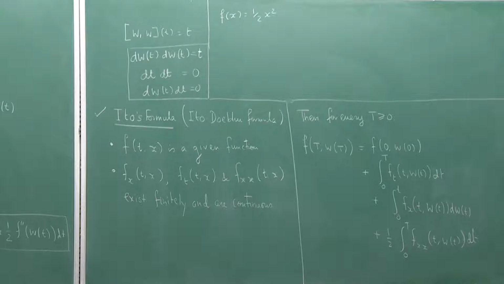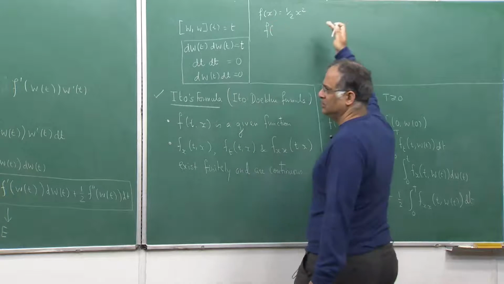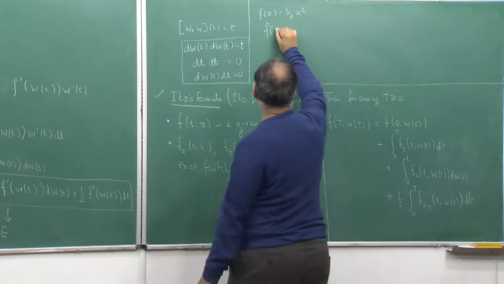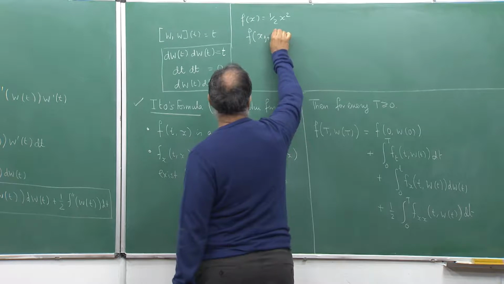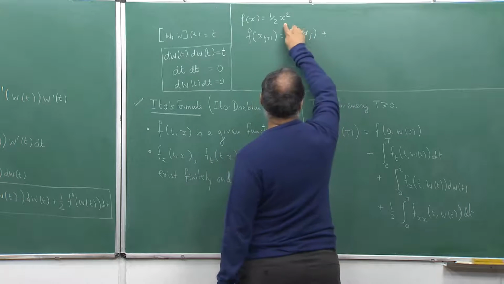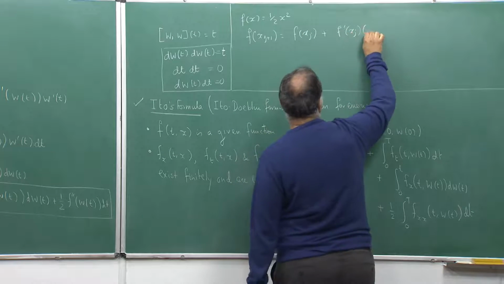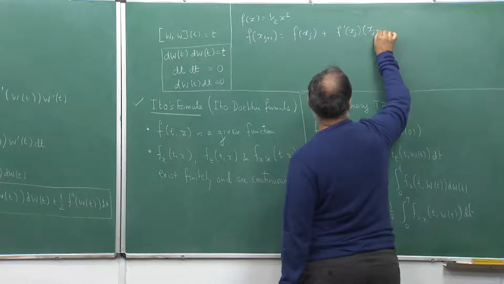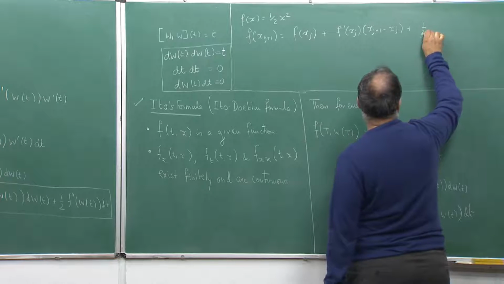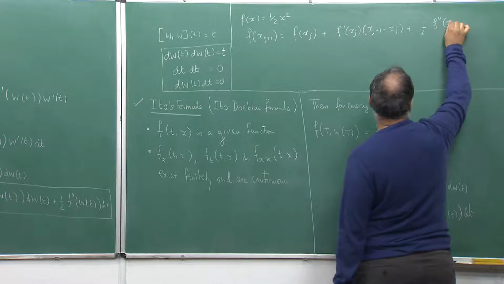But before that, you realize that for a quadratic case you have an exact second order Taylor expansion. So if you have f of x_{j+1}, it is f of x_j plus f dash of x_j times (x_{j+1} minus x_j) plus half of f double dash of x_j times (x_{j+1} minus x_j) squared.